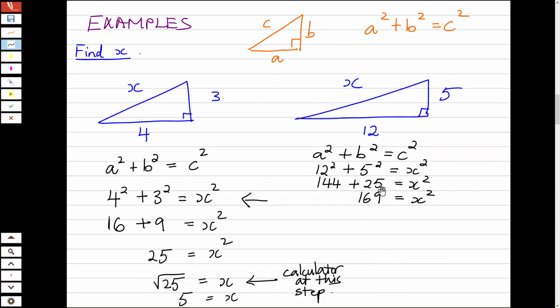Okay, Reese, what should we do at this step here? Find the square root is correct. Yep. So it turns out that 25 and 169 are perfect squares. If you have them memorized, that's great.